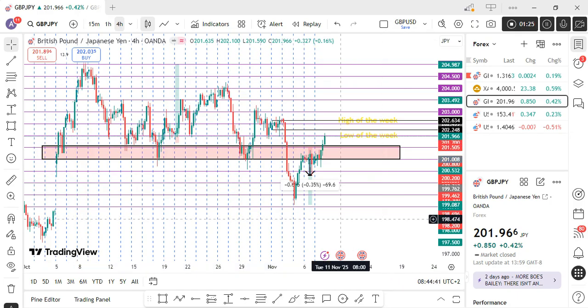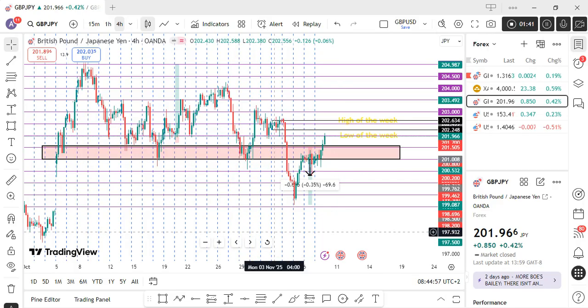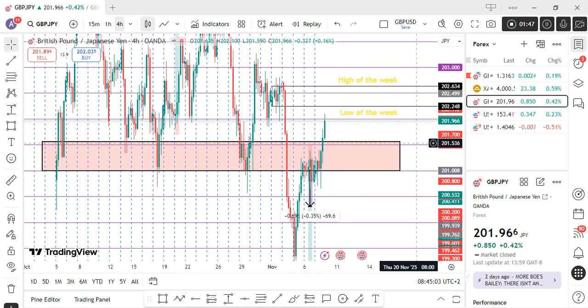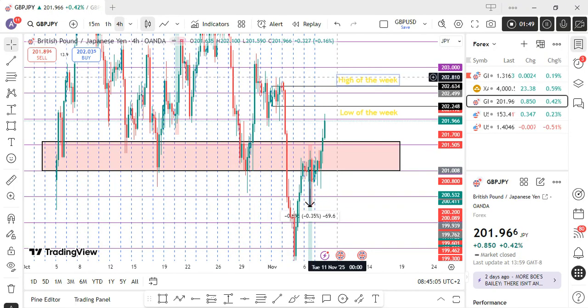Like I told you guys, whenever I finish marking my high or low of the week, price tends to retest that level, or retest the low of the week, once price has broken it. I also said that marking out my high and low of the week every Monday gives us a directional bias on what the market is going to be doing for that week.